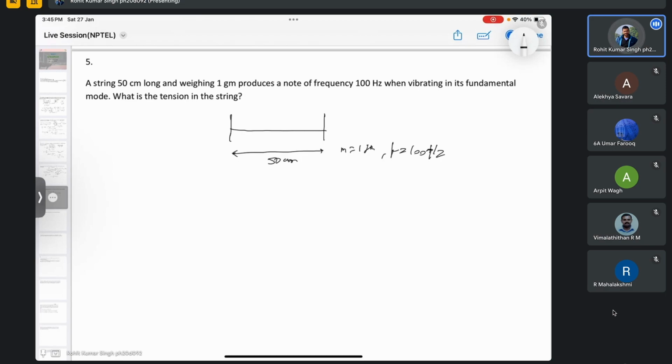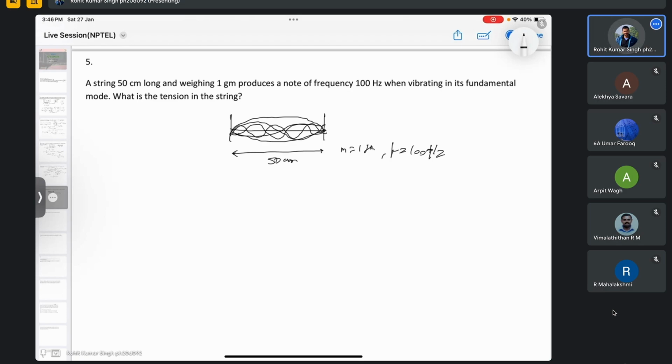So a string can vibrate in different modes. Let me explain how. When you pluck a string, it can either vibrate like this, right? Or it can vibrate like this, or more like this.